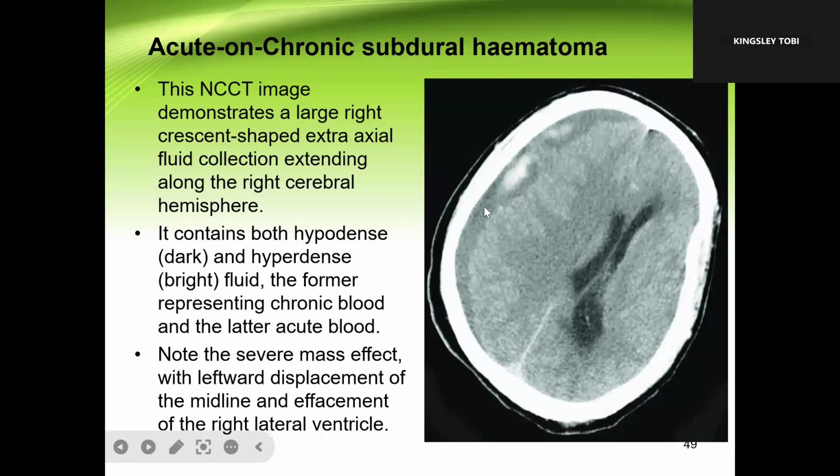This is telling you about the chronicity of the subdural hematoma, and this bright lesion here is the hyperdensity, which is the acuteness of the injury. There's some mass effect, with the normally placed ventricles being compressed and displaced to the other side.